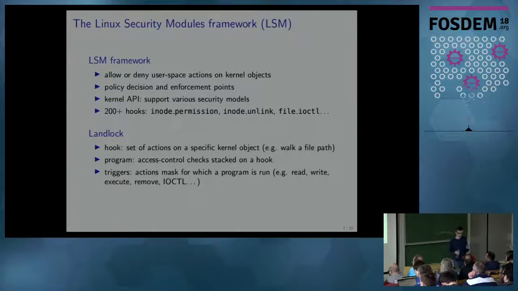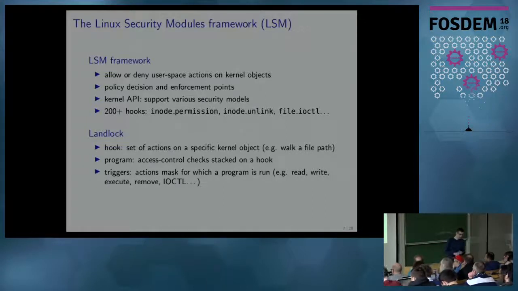For example, the idea of a hook in Landlock is to define a set of actions on specific kernel objects. Like, for example, open a path, walk through a file path, or even open a network connection. So the programs are eBPF programs. Landlock programs are eBPF programs typed for Landlock.